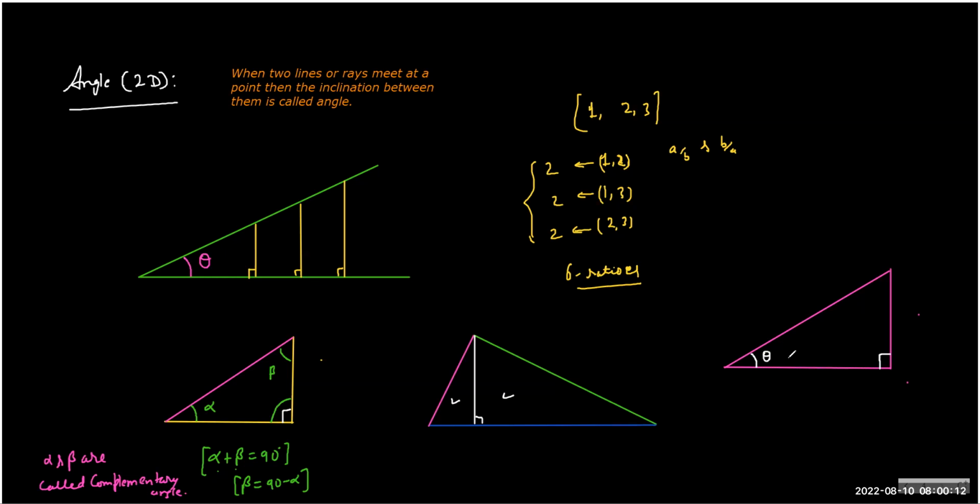For any given angle theta, the side opposite to it we call the perpendicular, the side adjacent to theta we call the base, and the side opposite to the right angle we call the hypotenuse, right? So we are very much familiar with these 3 terms, isn't it?